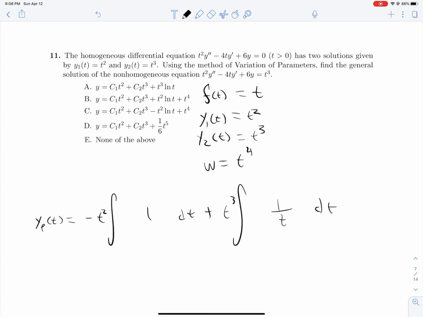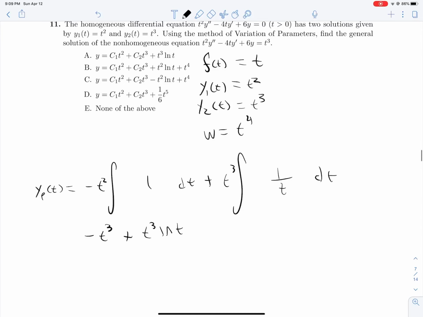Computing these integrals, we will get minus t cubed, dropping our term with the c on it that would result from this integral, and then plus t cubed ln t. And some alarm bells should be going off in your head, as they are in mine, that we don't have any plus t cubed terms in our particular solution section of y of t, but we'll see that that gets solved pretty quickly.